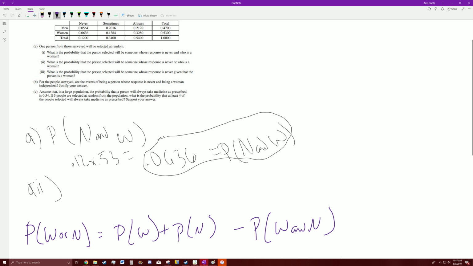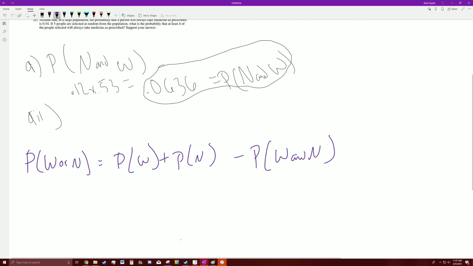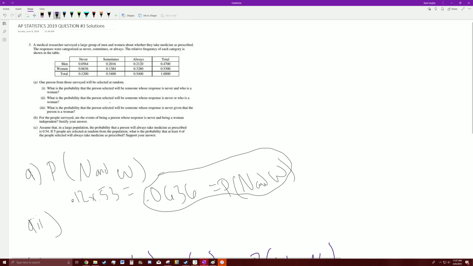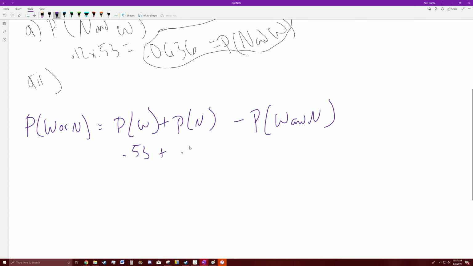So the probability of woman is 0.53. The probability of never is 0.12. And this value is right up here, 0.0636. Let's go to calculator. 0.53 plus 0.12 minus 0.0636 is going to equal 0.5864.